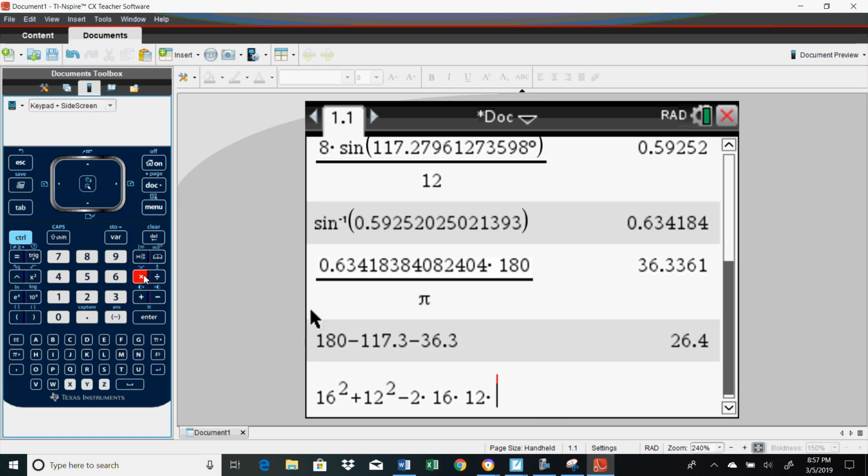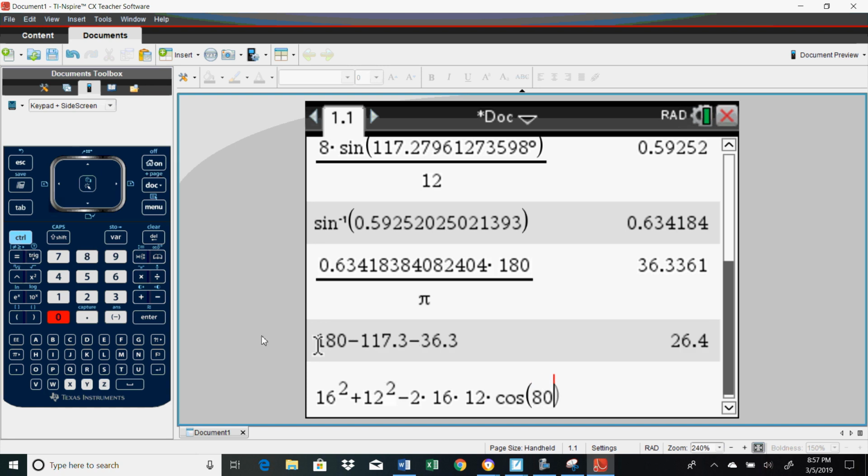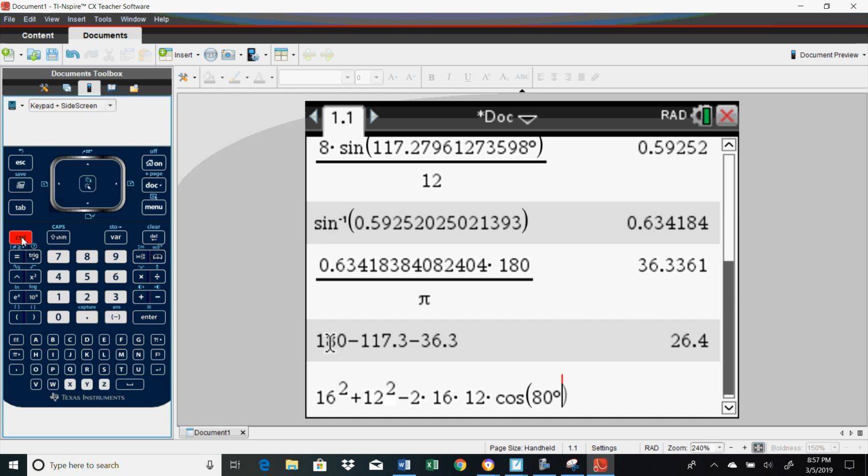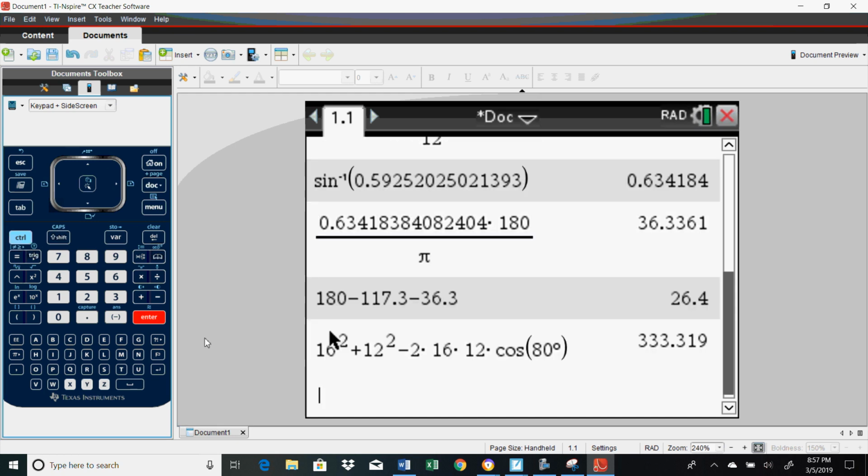I need to hit that degree symbol there. And now I do want a decimal approximation, so I'm going to say Control Enter. That is giving me 333.3.